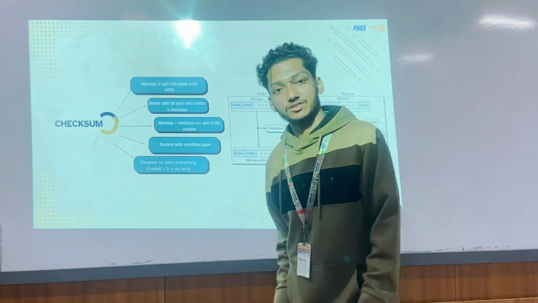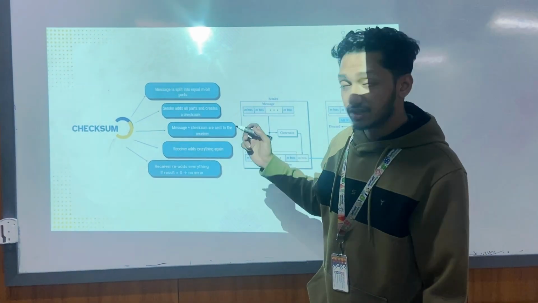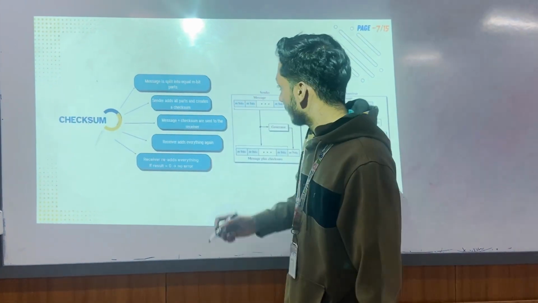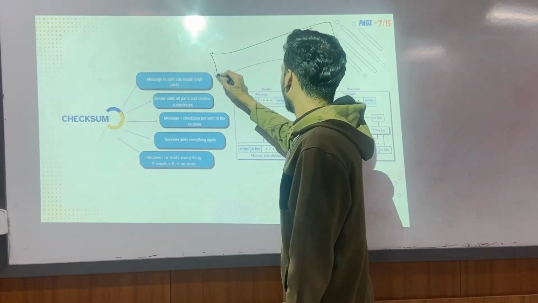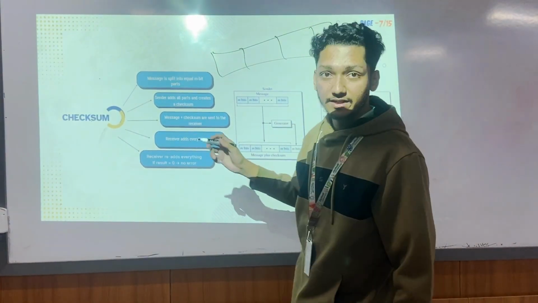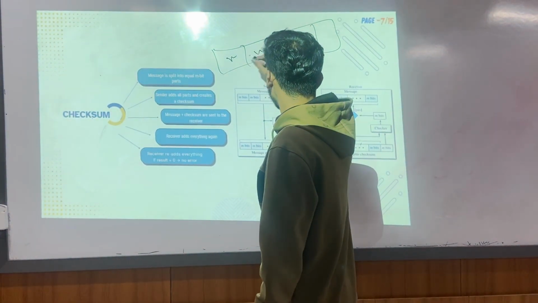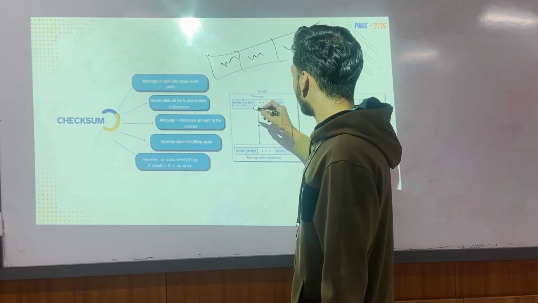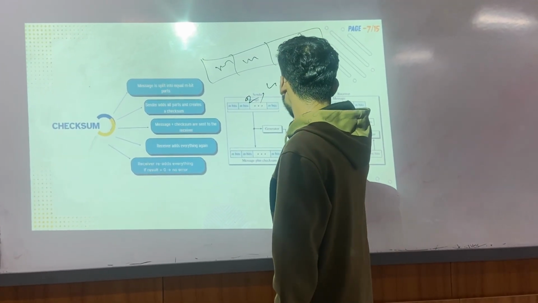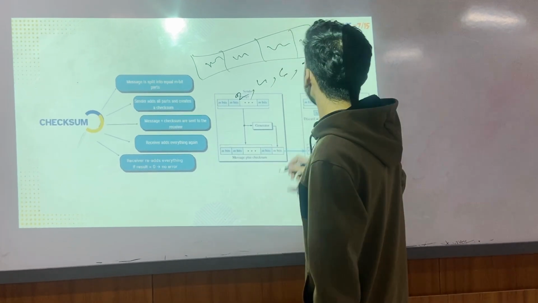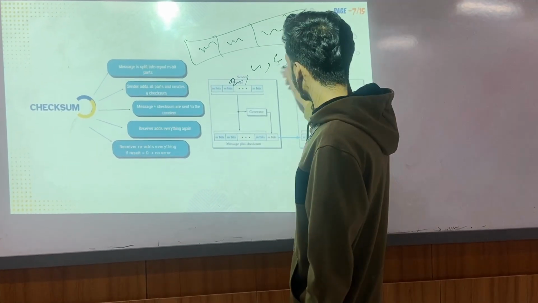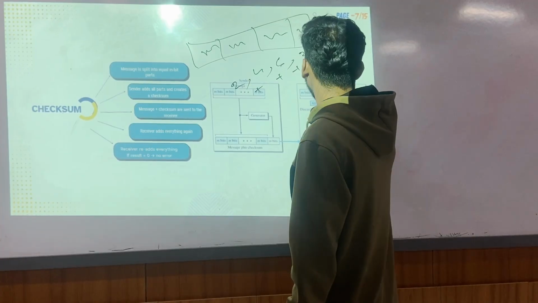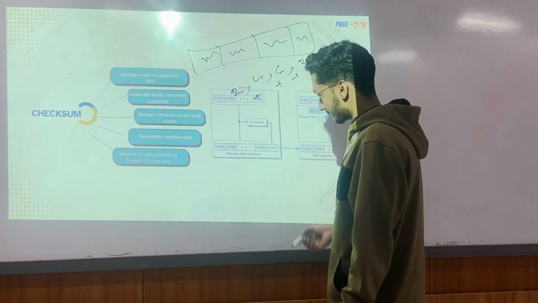Checksum is an error detection technique. We can check errors in any length of message. If the message is this long, we will divide it into m bits. If the m bit message is 2463, then the checksum will be the sum of the total, which will be 15.